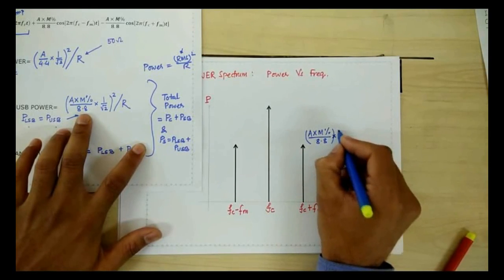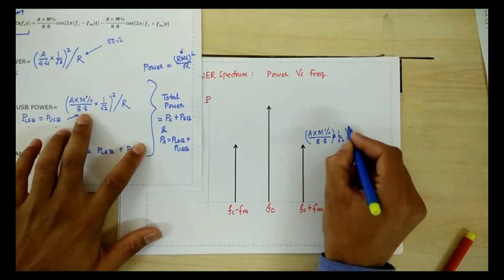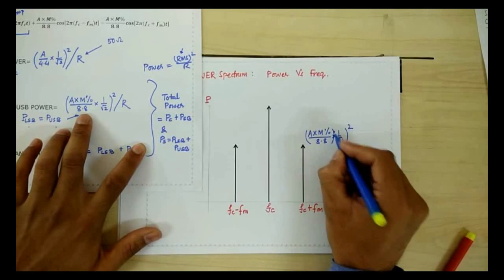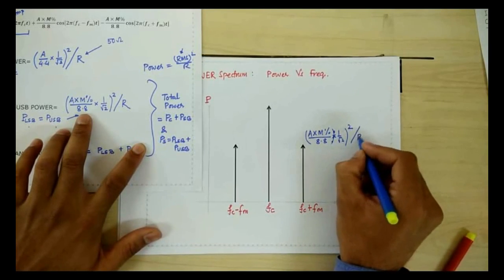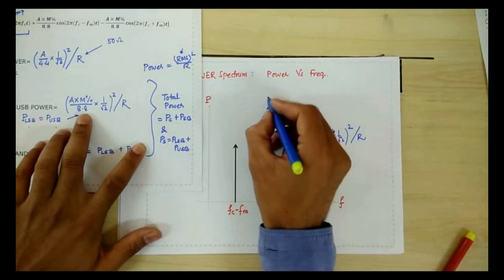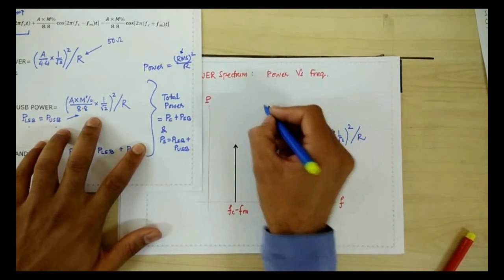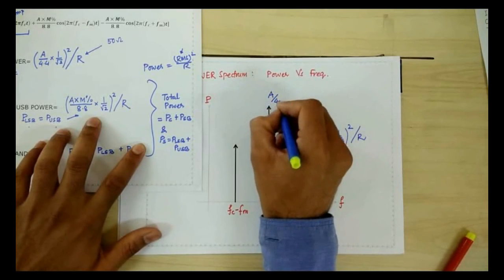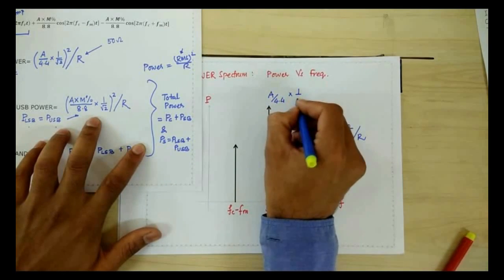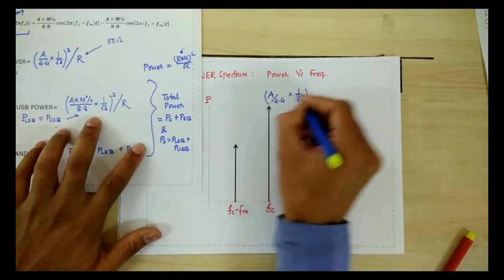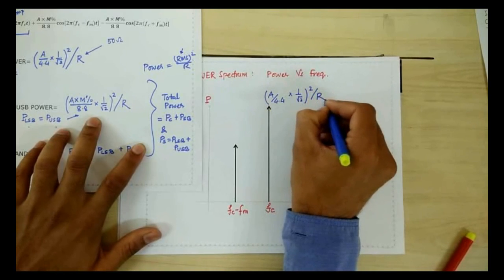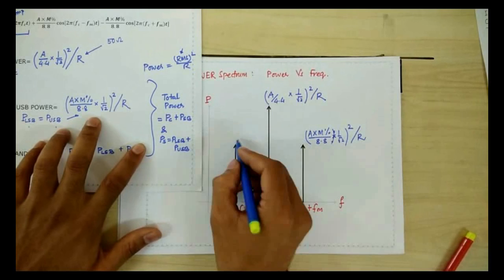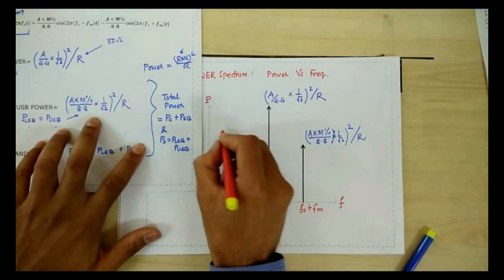Sorry, this is into 1 by root 2, then square, divided by R. And this is the power of the carrier, which is A by 2 into 1 by root 2, square upon R. And the lower sideband is the same as this one, so we just have to copy this value.